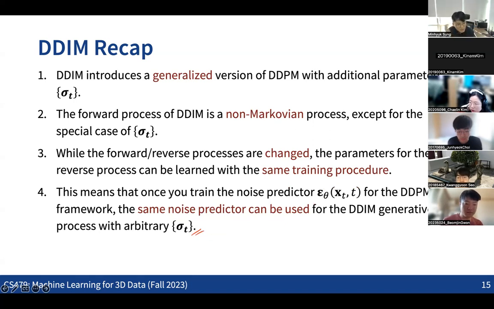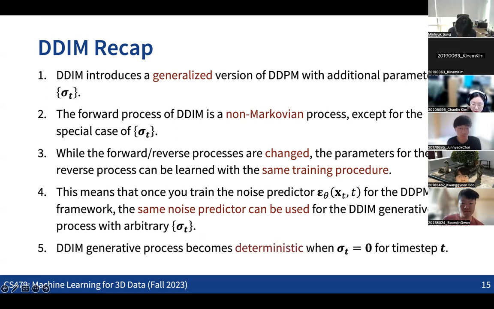So typical diffusion models like Stable Diffusion are trained for the DDPM process, but for a pre-trained Stable Diffusion model, you can actually run the DDIM reverse process, a different reverse process.